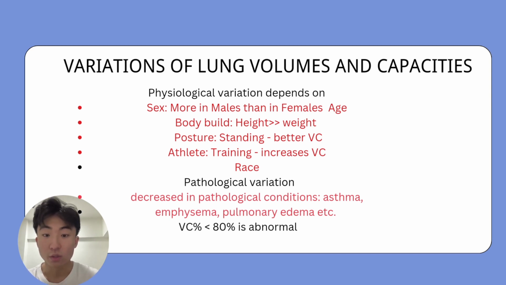Athletic training increases VC. And the second is pathological factors. Diseases reduce lung capacity, and VC below 80% is considered abnormal.